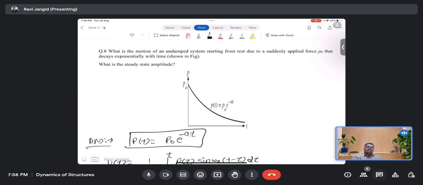So are you facing any doubt in the assignment of week 5, or is it simple? I think that was the simplest assignment. Any doubt, anyone? Or should we conclude the session?